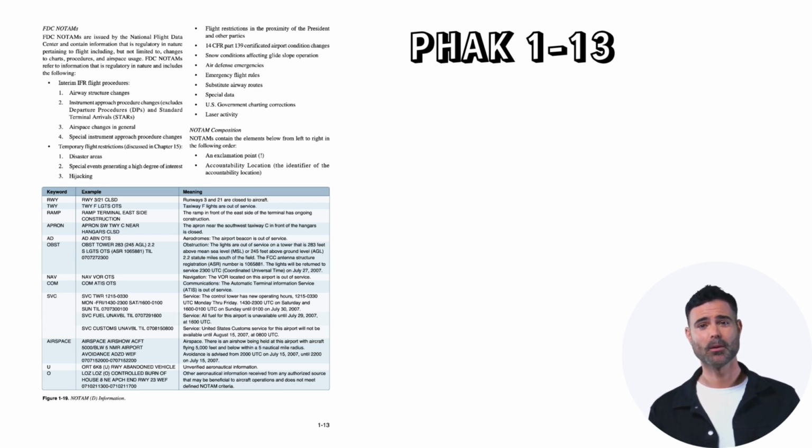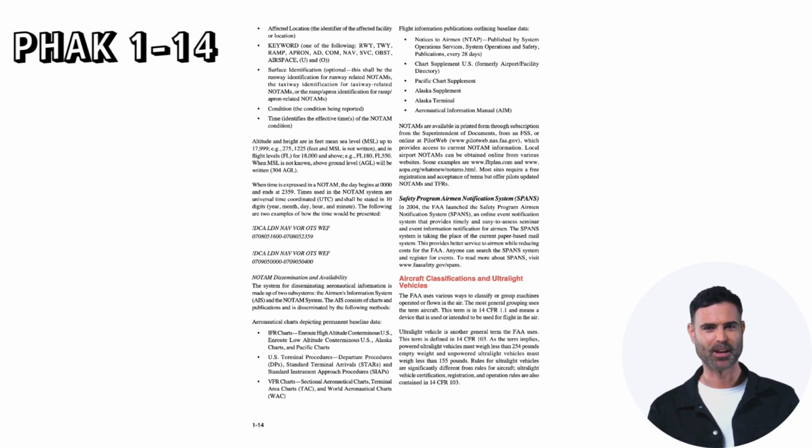NOTAM composition. NOTAMs contain the elements below from left to right in the following order. An exclamation point, ARI. Accountability location, the identifier of the accountability location. Affected location, the identifier of the affected facility or location. Keyword, one of the following: RWI, TWI, ramp, apron, AD, COM, NAV, SVC, OBST, airspace, U, and O. Surface identification, optional.